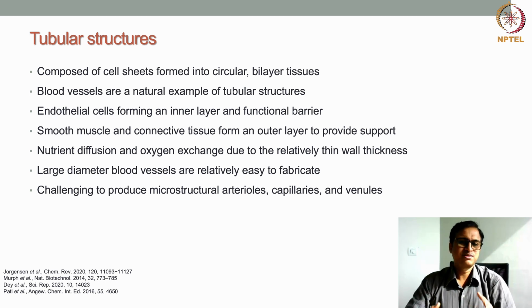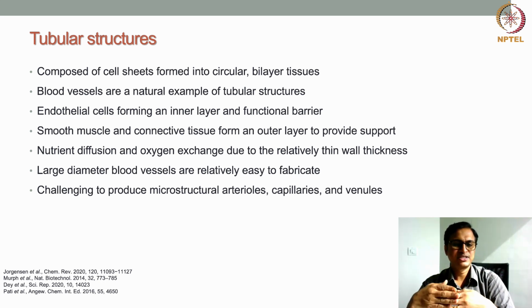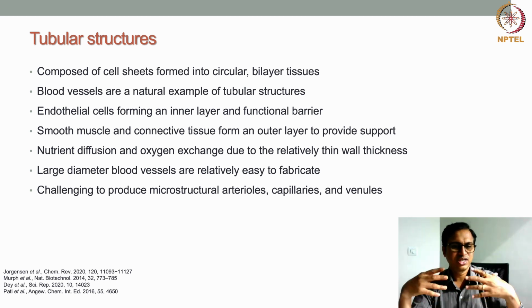Because these are thin bilayer tissue structures, as I have already mentioned, you can maintain the cellular arrangement, where the innermost layer is endothelial and the outermost is smooth muscle cells or other supportive cell types like fibroblasts, and then you can print the whole blood vessel structure.